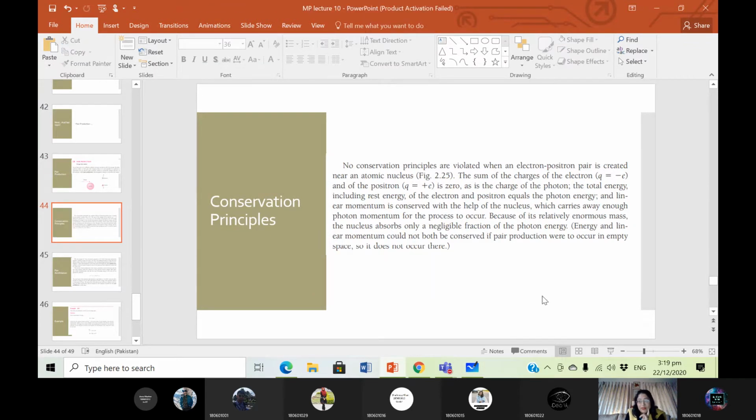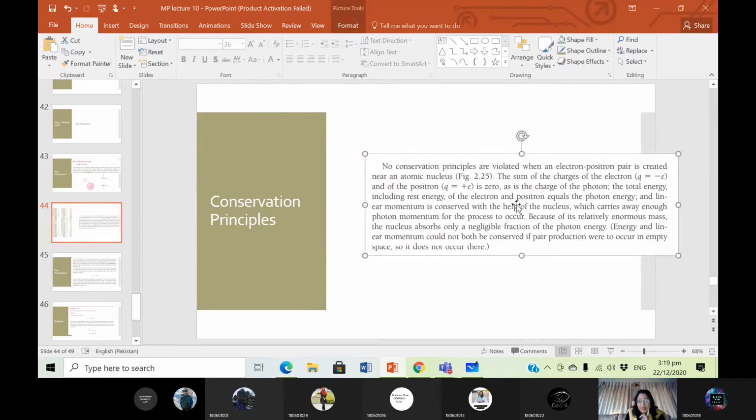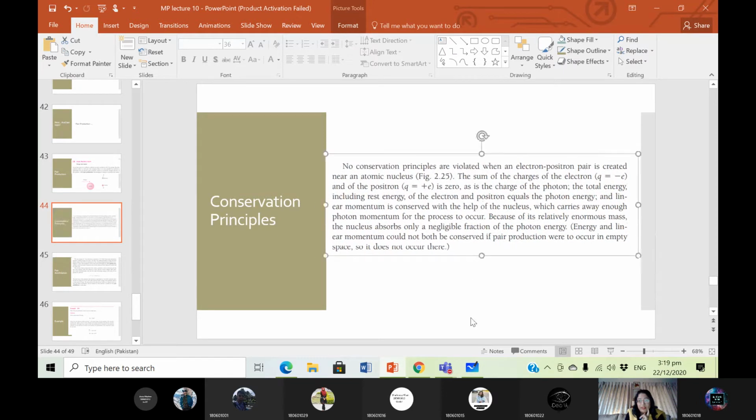The total energy, including rest energy of the electron and positron, equals the photon energy. ठीक है? So the total energy of the electron and positron will equal the photon energy. So energy is conserved. Linear momentum is conserved with the help of the nucleus, which carries away enough photon momentum for the process to occur.